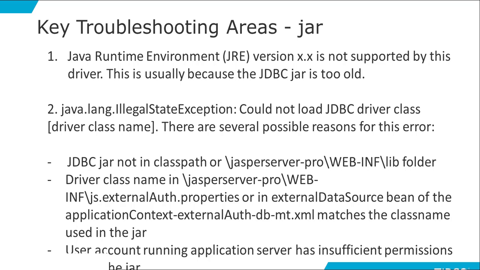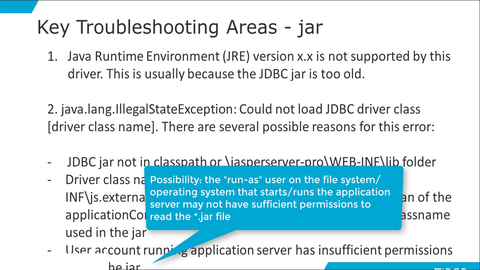It could be that the driver class name in either your js.externalauth.properties file or the external data source bean of your applicationContext-externalAuth-db-mt.xml file doesn't match what you have in your jar. Or it could be that the user account that's running the application server has insufficient permissions to actually read that jar file.